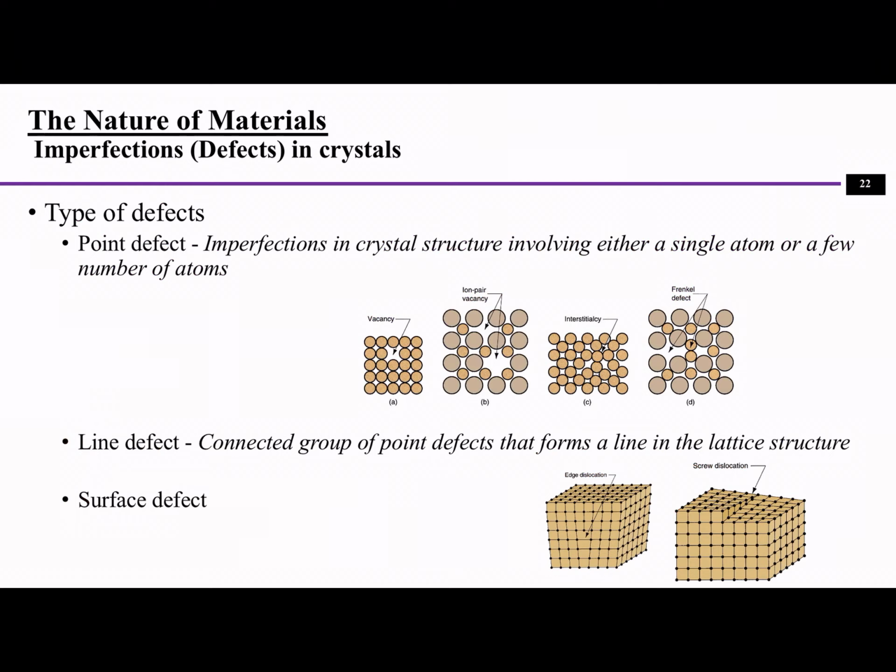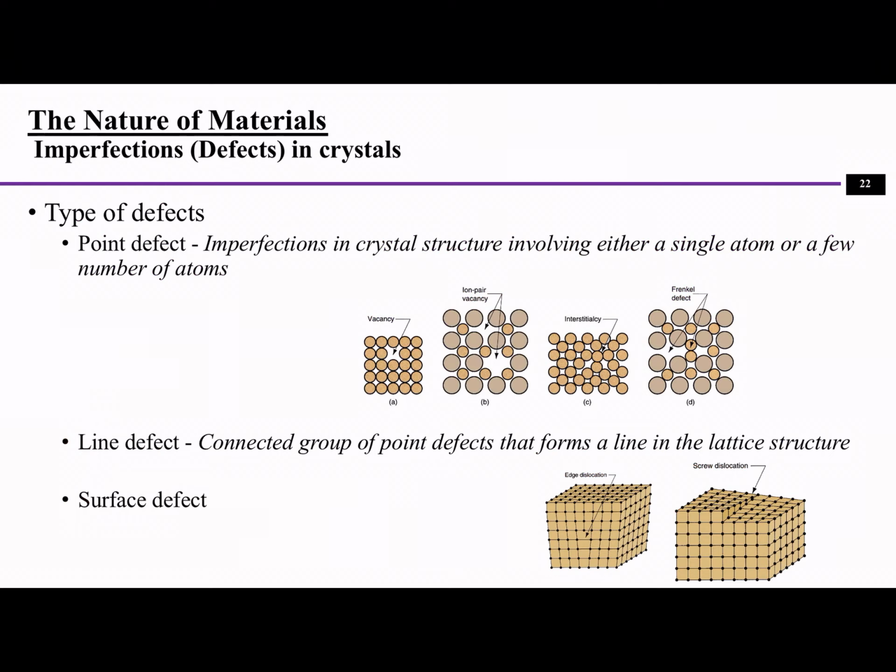All right, next. Not all crystalline structures are perfect. Sometimes there are defects. Actually, almost all of them have defects. It's very common. There are different defects. One is a point defect.